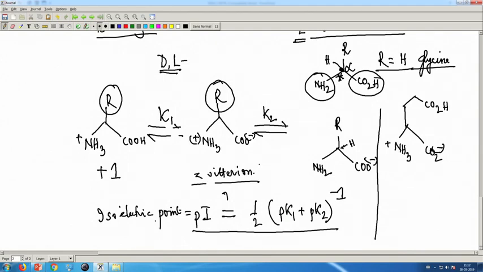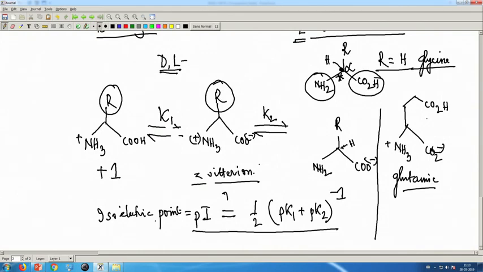Now, this particular amino acid has 1, 2, 3, 4, 5 carbons. That is called glutamic acid. So, they are amino acids containing acidic functionality, meaning in the side chain of the amino acid. You can have one carbon less also, the lower homologue of glutamic acid, which is called aspartic acid. So, these are the acidic amino acids.